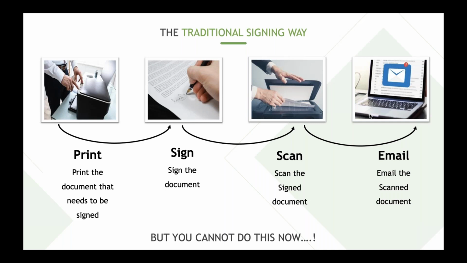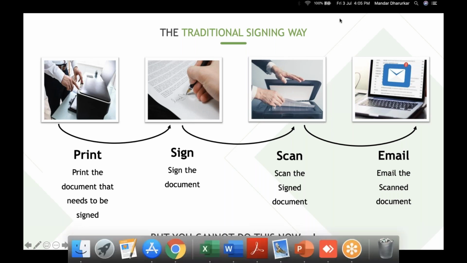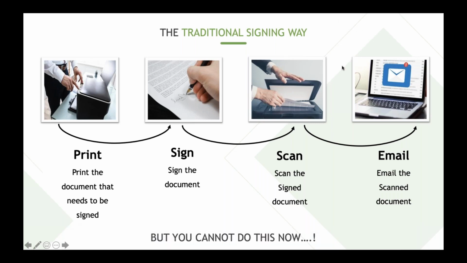A very tedious process, it takes a lot of time and effort, and the important thing is we're not at the office right now. None of us is present at the office. We don't have access to any printers, scanners, or anything. So it is very difficult in this time of lockdown and corona that we're not able to go to the office and do all this process.